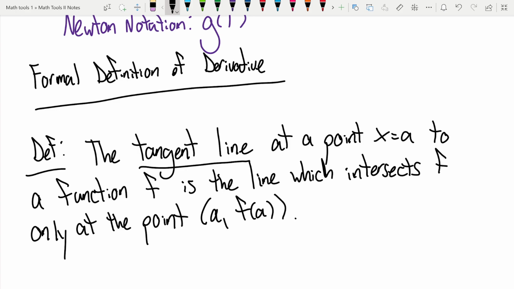Okay, so it's the line which intersects this function only at this point.